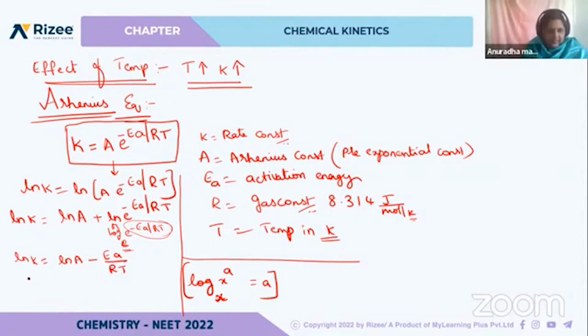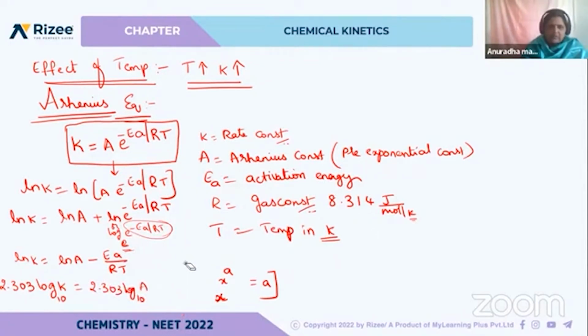If we convert this into log base 10, we should multiply the whole thing by 2.303. To convert from ln to log base 10, we multiply everything by 2.303.